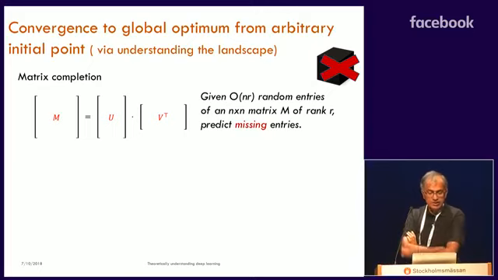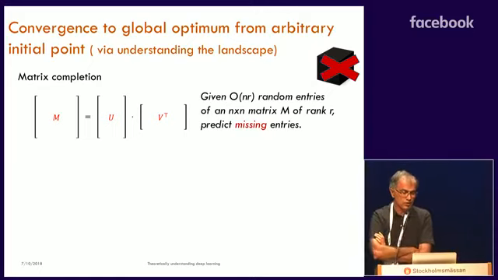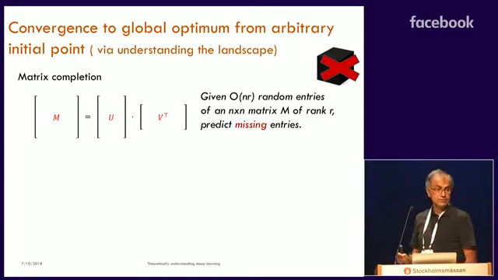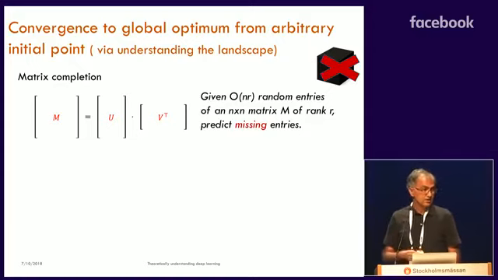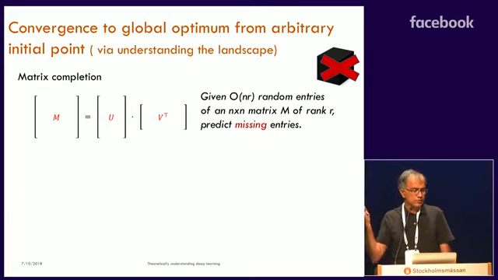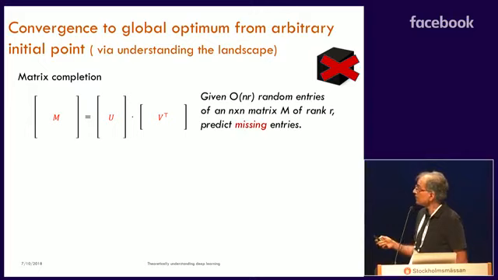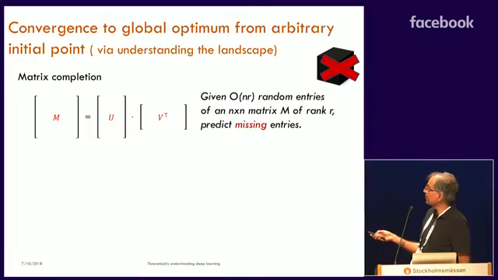So matrix completion, in case you haven't seen it, is the following problem: there's an unknown matrix M, and you're given some random sample of entries in it, and you're trying to recover the rest. It was proposed, for instance, in the context of recommendation systems. You're given some random entries of this matrix, and you're trying to predict the missing ones, and the number of entries that you're given is very small.